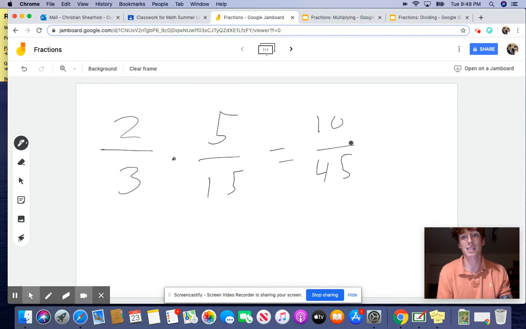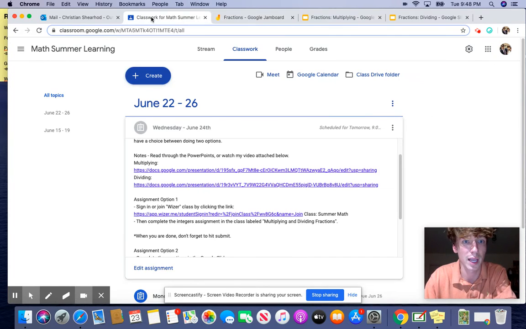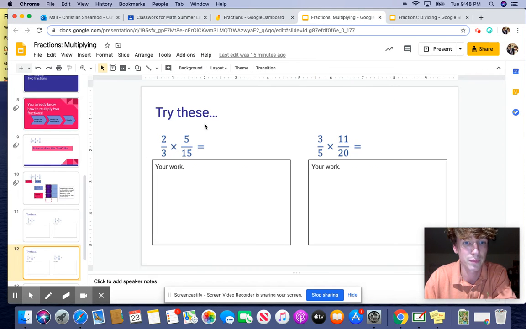Is this as simple as it can be? Well, no, because 5 goes into both of these numbers. We can divide both of these by 5. This is called reducing. So we're making it into a simpler form, smaller numbers. So 10 divided by 5 is 2. 45 divided by 5 is 9. Is there anything that goes into 2 and 9? No. So this is as small as it's going to get. 2/9. And that would be our answer for this one.